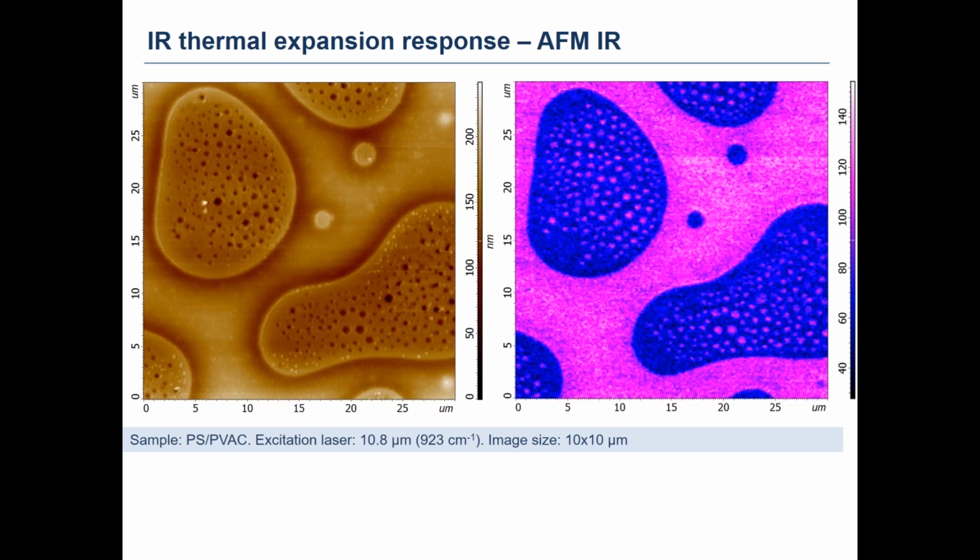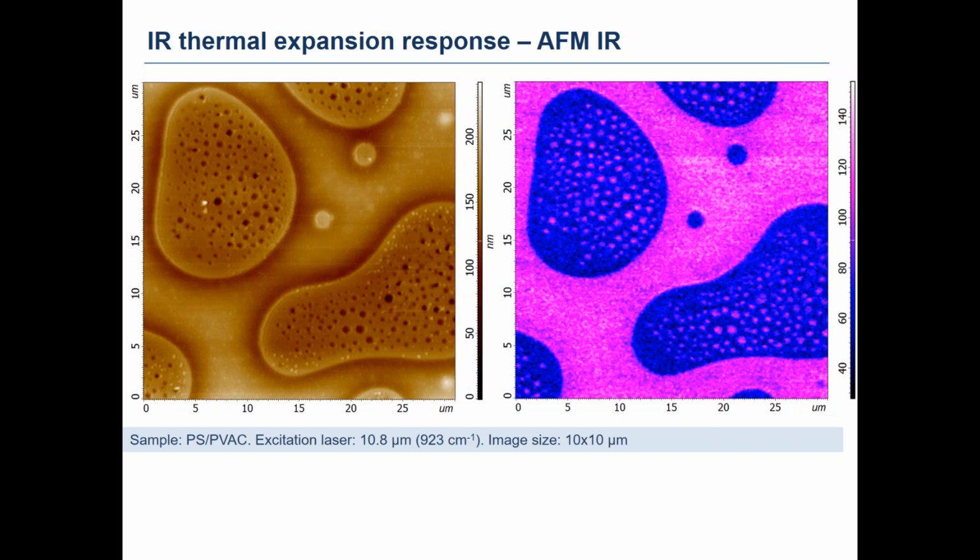We can see the polystyrene, that is actually the matrix here, expands more than the polyvinyl acetate, and the inclusions of the polystyrene within the round-shaped areas also demonstrate a good response.